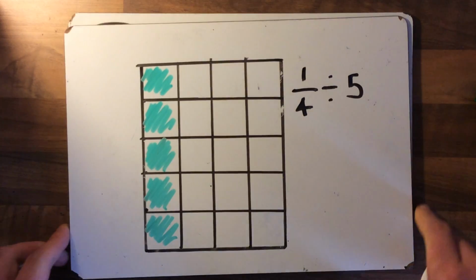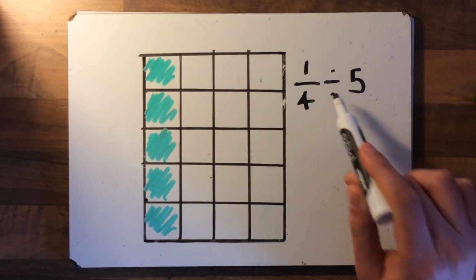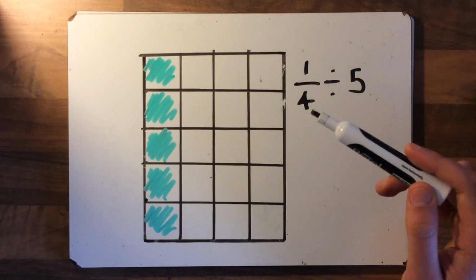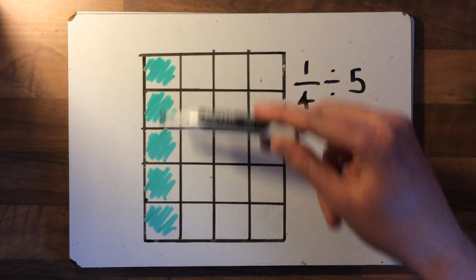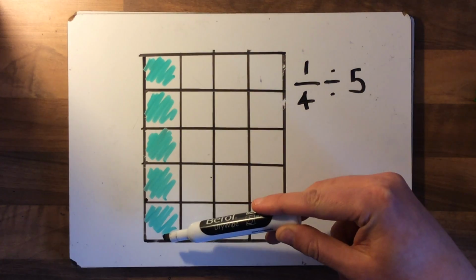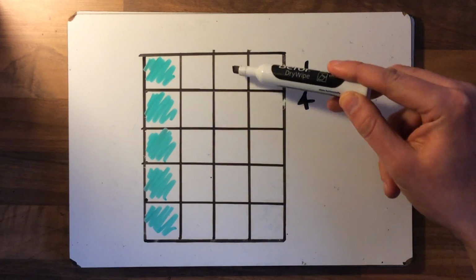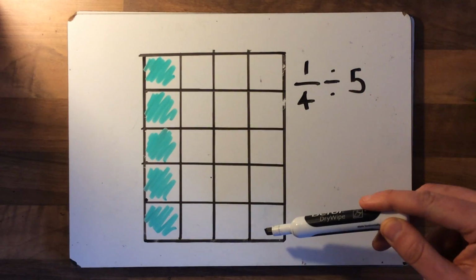So if we have a look at this one now, the question is a quarter divided by 5. Similarly again, I have shaded in a quarter of my shape here. You can see 1/4, that would be 2/4, 3/4 and 4/4 for the whole.